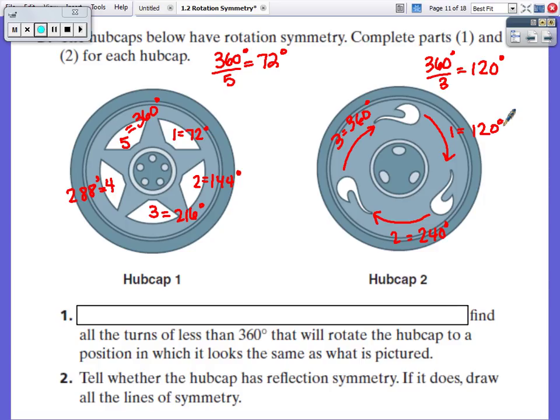Okay? Tell whether the hubcap has reflection symmetry. If it does, draw all the lines of symmetry. So remember, reflection symmetry is where we can fold it so that both halves look exactly the same. If we were going to draw the lines of symmetry on this one, they would be through each point of the star. So it would look like this.